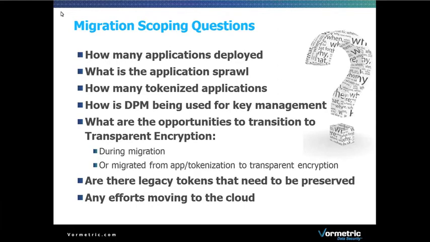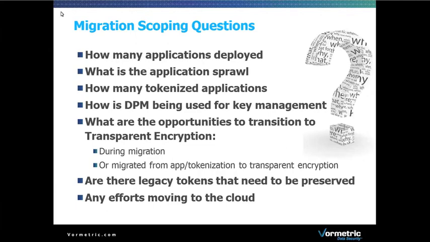In addition, if you've got application encryption deployed and you've also leveraged their tokenization, we want to know in inventory how many applications are tokenizing data, and of course, importantly, how many are detokenizing, and who are they detokenizing that data for. Another thing you'll want to understand is how DPM is used for key management.